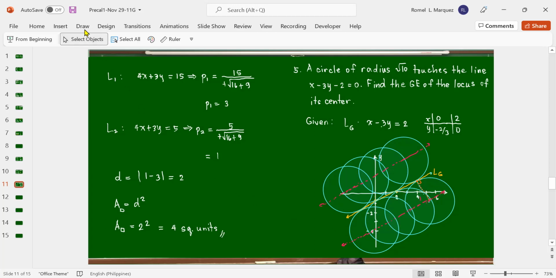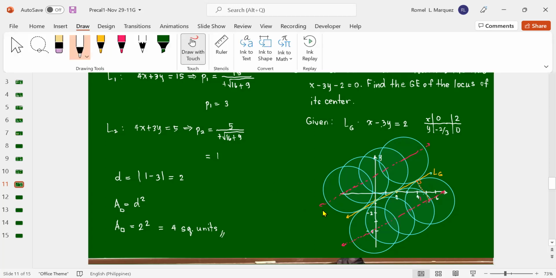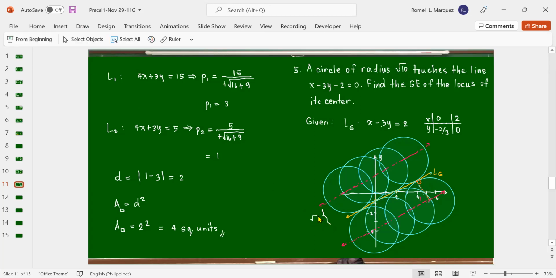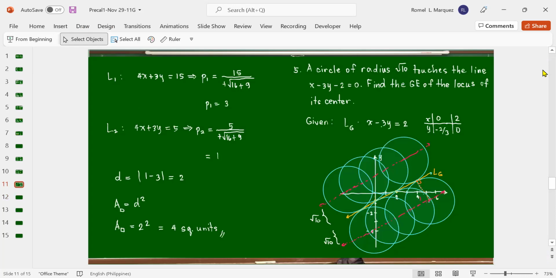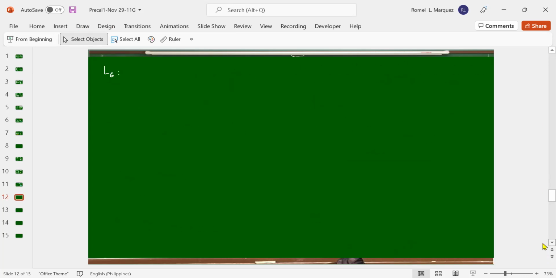That is square root of 10. This is square root of 10. This is also square root of 10, right? But one is forward to the line, and the other, for instance, is backward. So let's get the P of the LG. LG is x minus 3y equals 2.